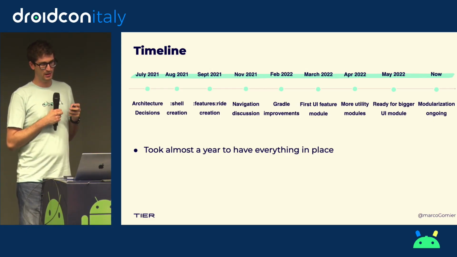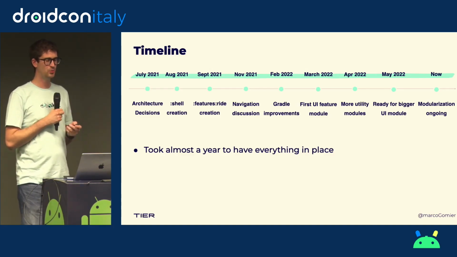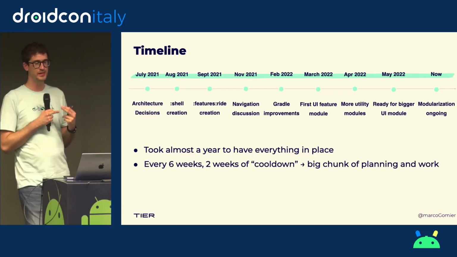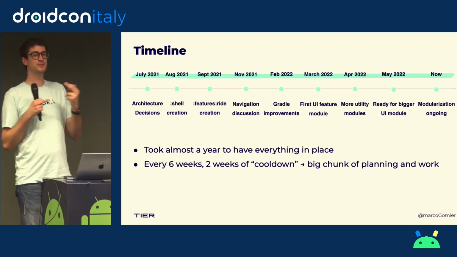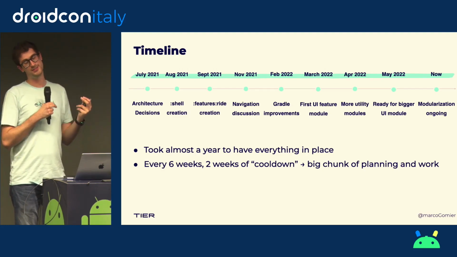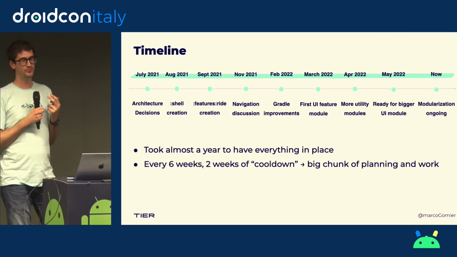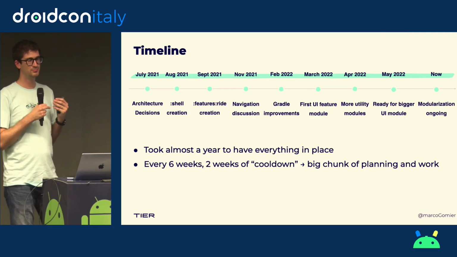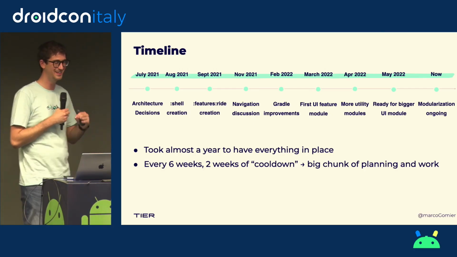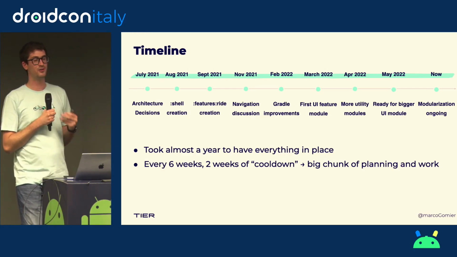you need to figure out a lot of things in order to have a satisfying modularized place. Specifically for us, the structural work was that after 6 weeks of standard feature delivery, we had 2 weeks of cooldown. So basically, we can just eliminate PMs from our work, and all developers have a big chunk of planning or work.